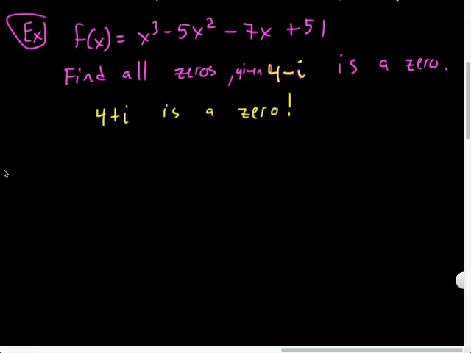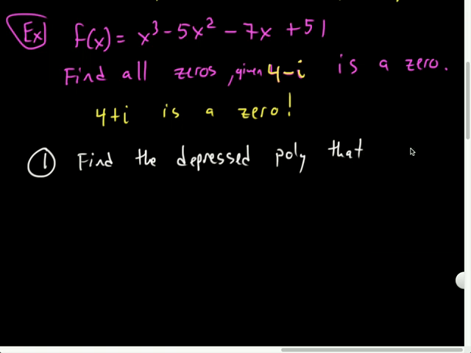Here's my setup. Step 1, find the depressed polynomial that has those complex zeros. And that's going to be an interesting little maneuver.